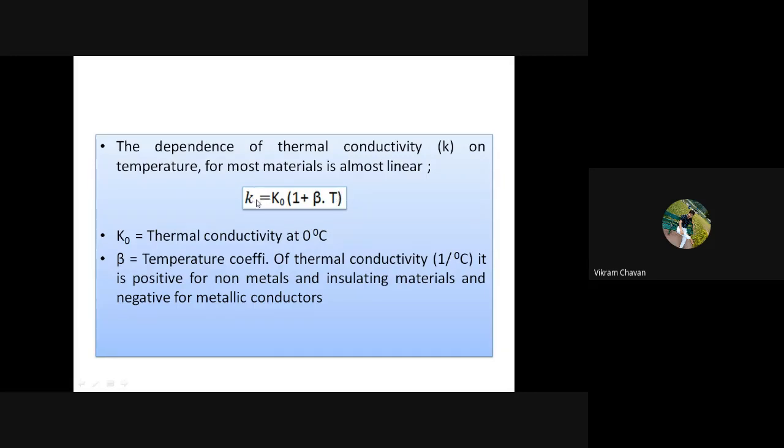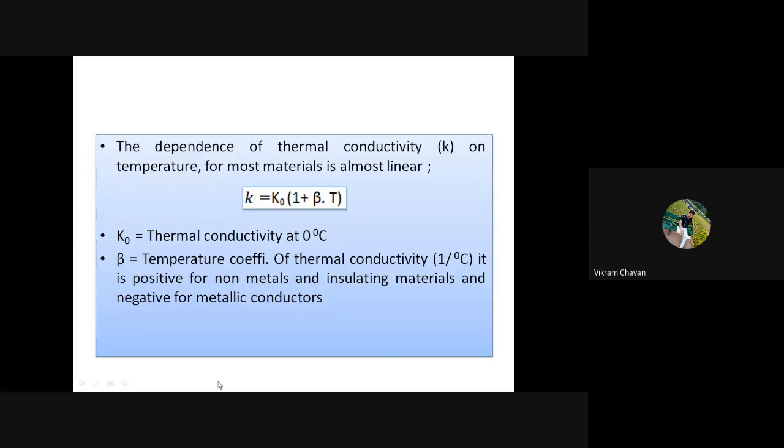For that purpose it is required to have thermal conductivity at 0 degree Celsius and the temperature coefficient of thermal conductivity, that is beta. Beta's unit is inverse of degree Celsius.